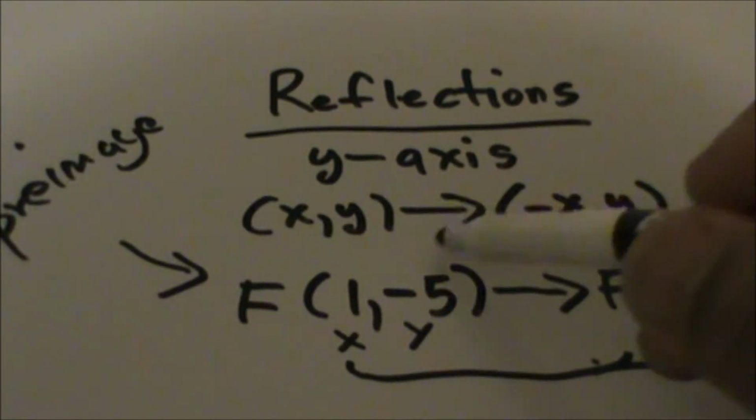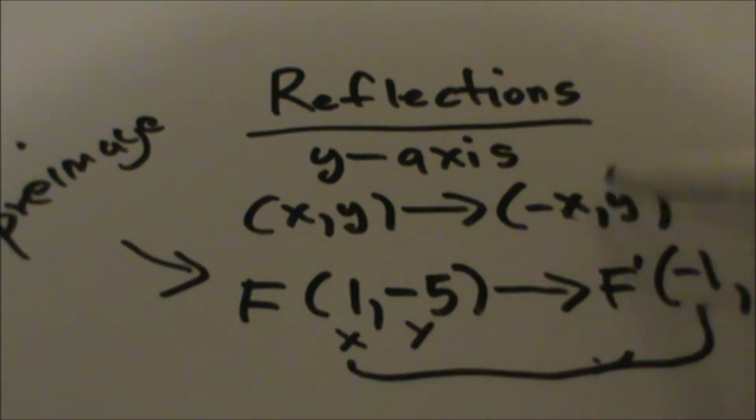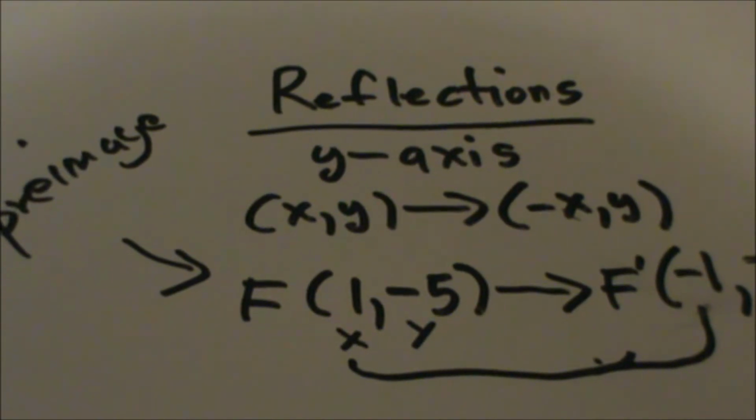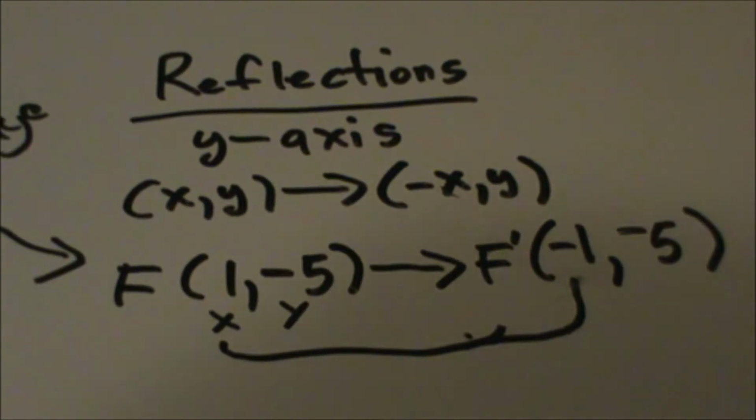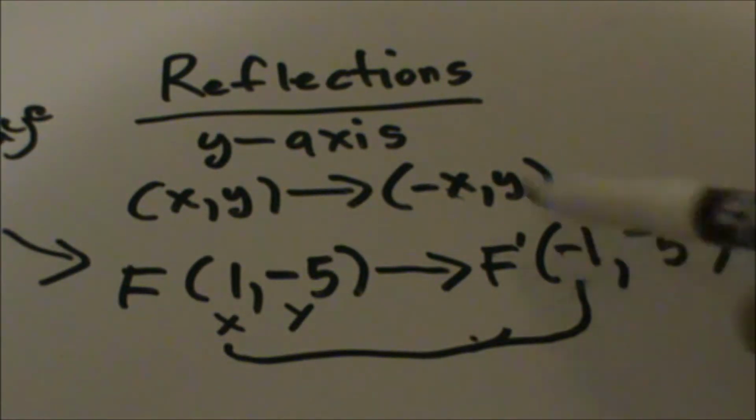The y hasn't changed, so y is still negative 5. So the only thing that's changed here is that x was positive, it becomes negative.